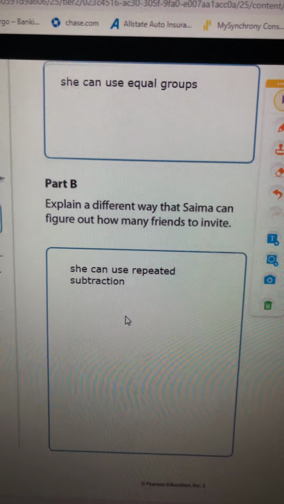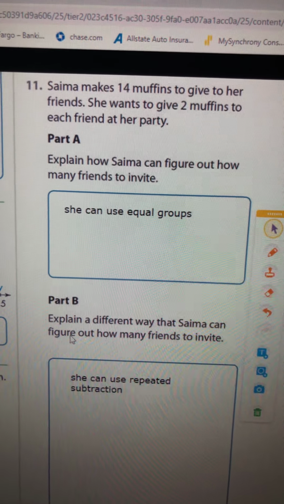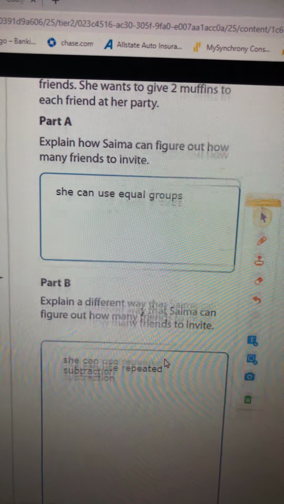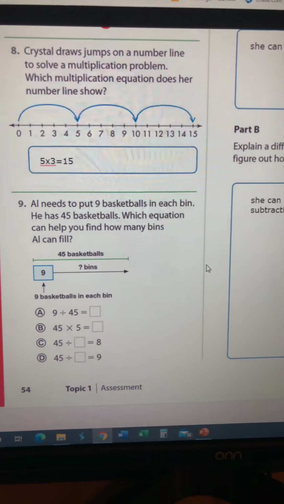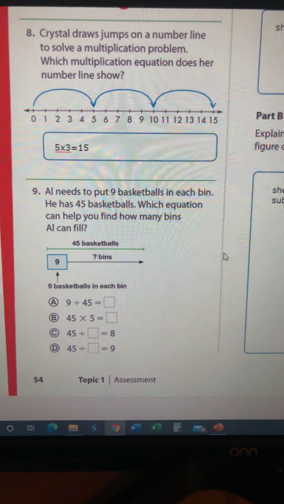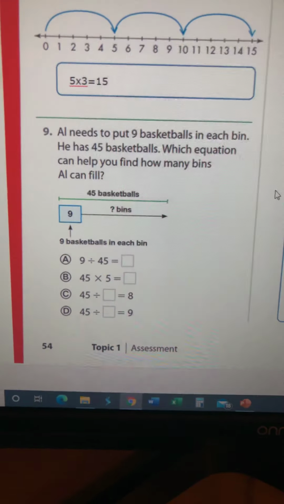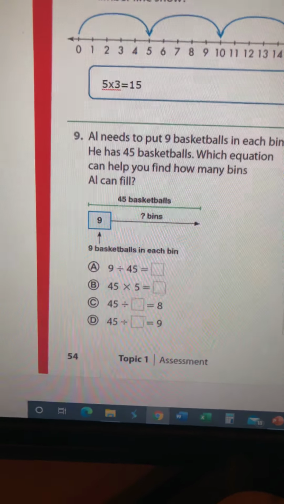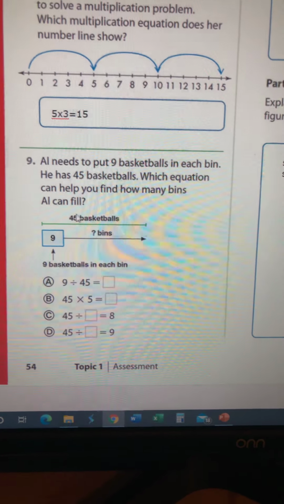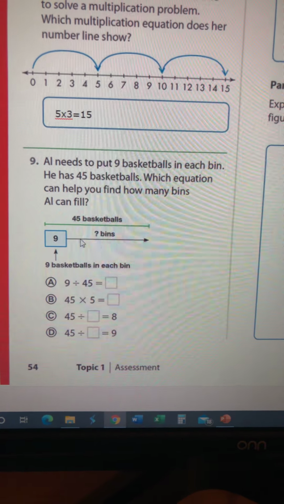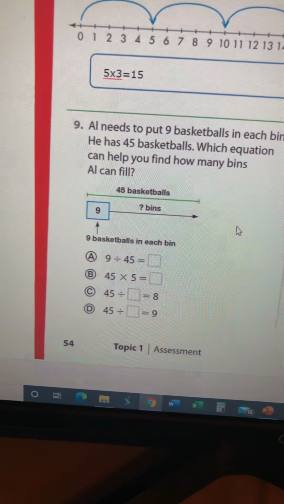All right. So when it says explain, that's exactly what you do. If it says solve, that's exactly what you do. All right. Look. Guess what? It's the last question. All right. So this is a bar diagram. A bar diagram always has the big number on top and the pieces on the bottom of it, okay?